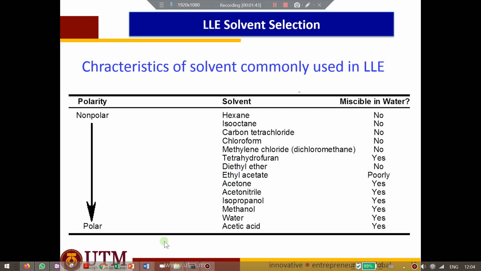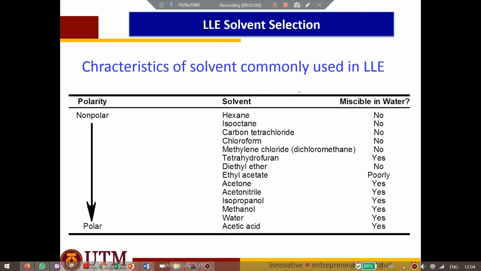So you need to use a polar solvent. So you can use water, methanol, isopropanol, acetonitrile, or acetone.